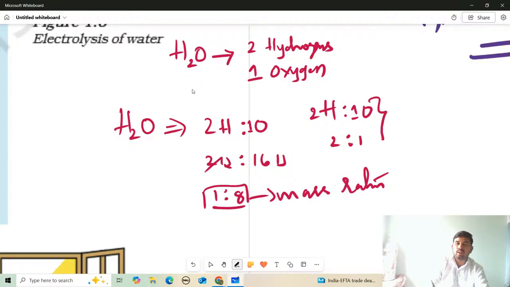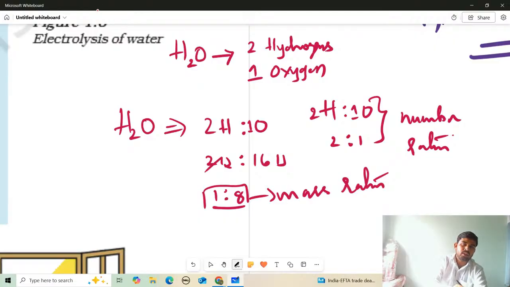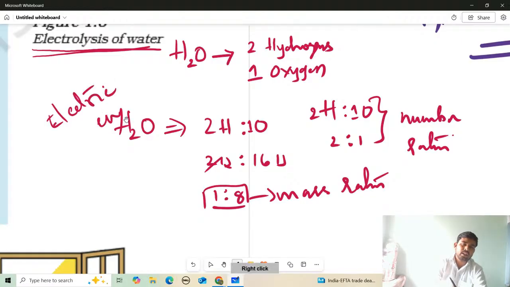This is the number ratio. What kind of reaction did we discuss right now? We discussed electrolysis of water. What kind of energy is absorbed here? Electric energy is absorbed.